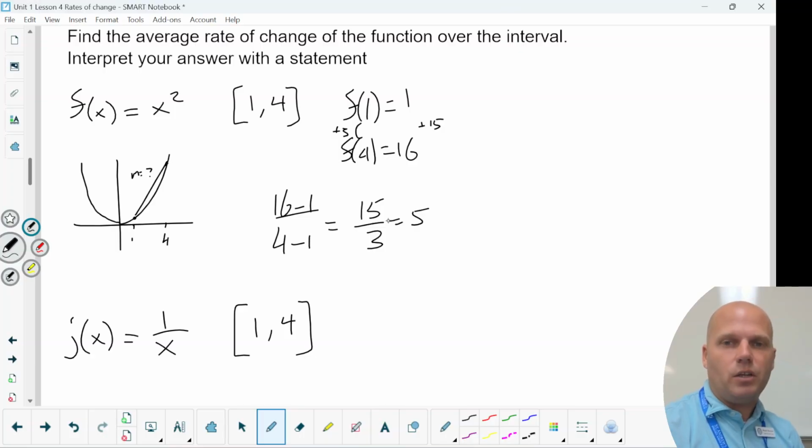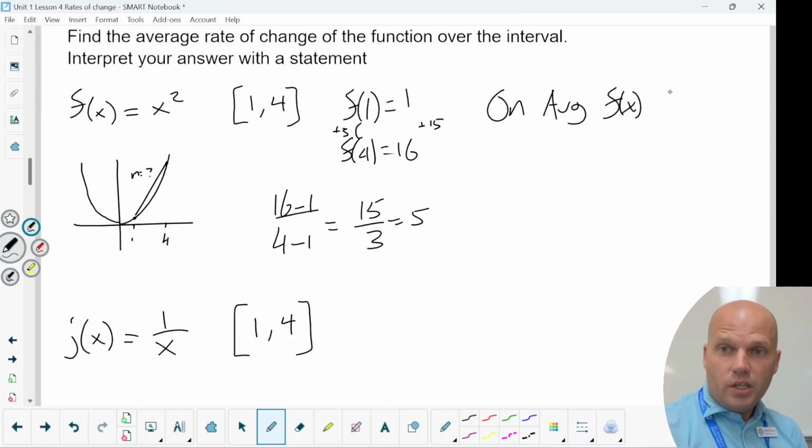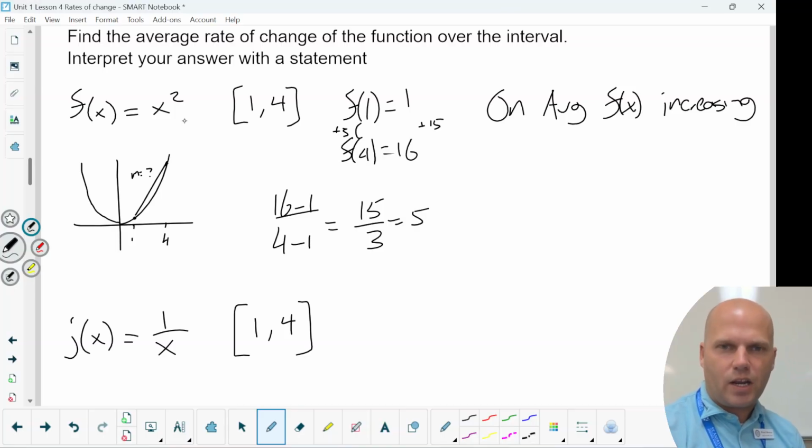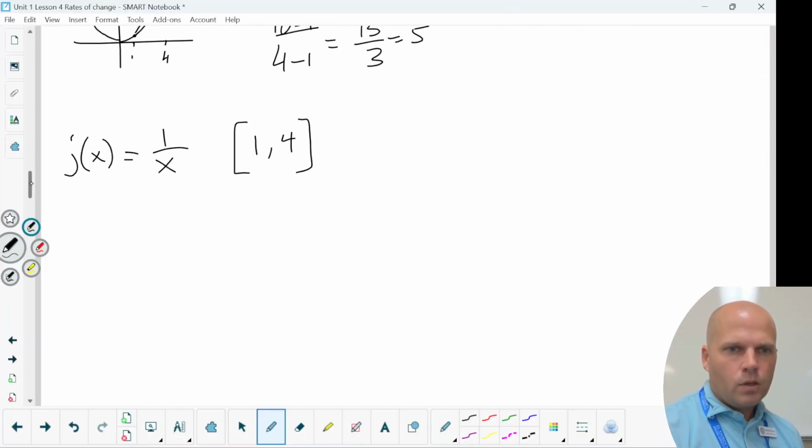But it actually means something. We would say, on average, my function is increasing. Why? Because that slope is positive. I can see my function is going up if we're looking from left to right. 5 y's per x over the interval 1 to 4. Cool. All right.